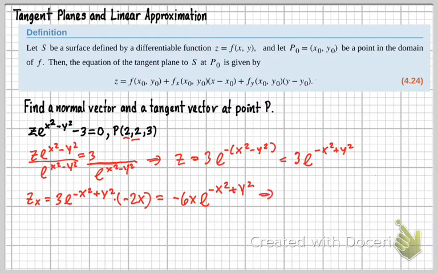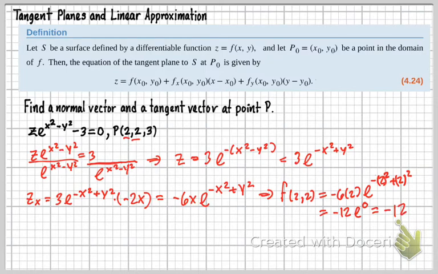So when I plug all that in, I'll write it formally here. f_x of 2, 2 equals negative 12 e to the 0, which equals negative 12.